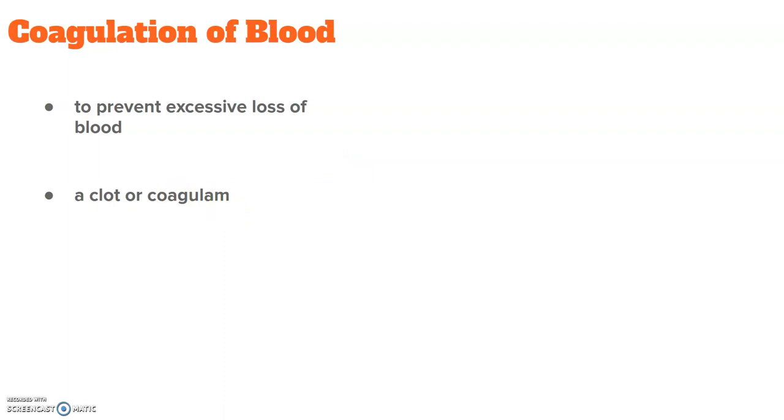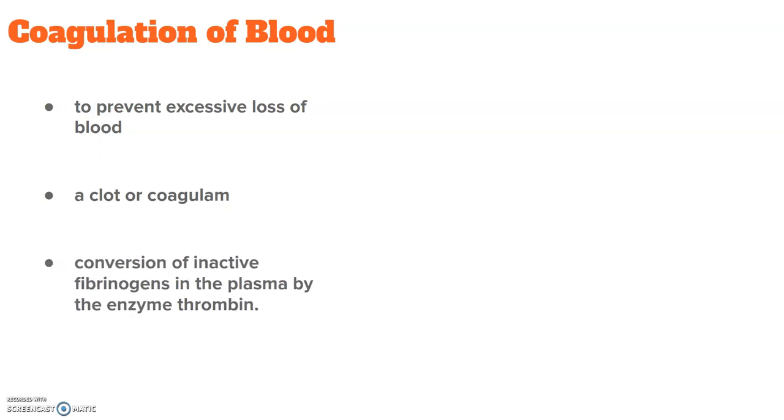It is formed mainly of a network of threads called fibrins, in which the dead and damaged formed elements of the blood are trapped. Fibrins are formed by the conversion of inactive fibrinogens in the plasma by the enzyme thrombin. And thrombin in turn is formed from another inactive substance present in the plasma, which is called prothrombin.